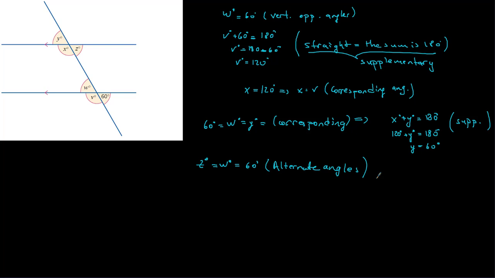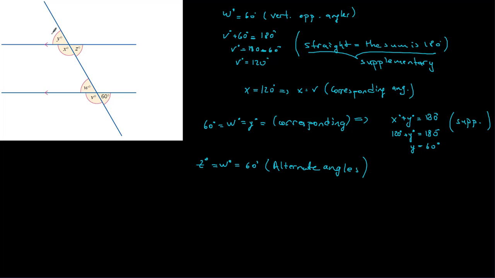Okay, this is the end of the lesson because we already found all of them. W is equal to 60, V is equal to 120, X is equal to 120 because it is a corresponding angle to V, or it completes to 180 degrees.